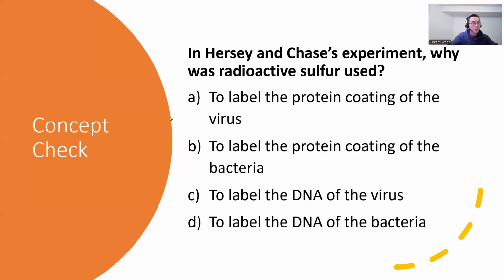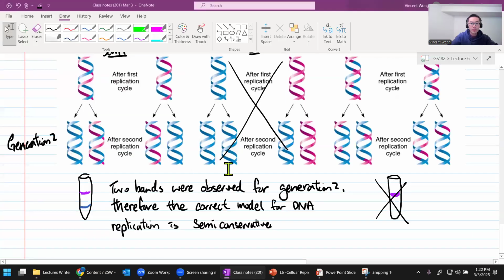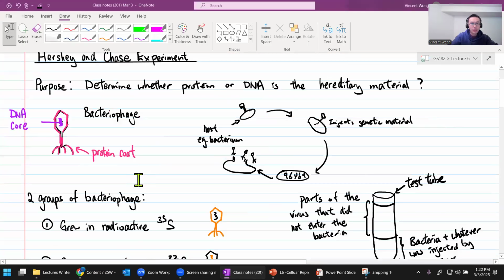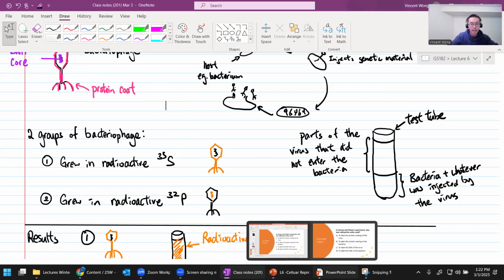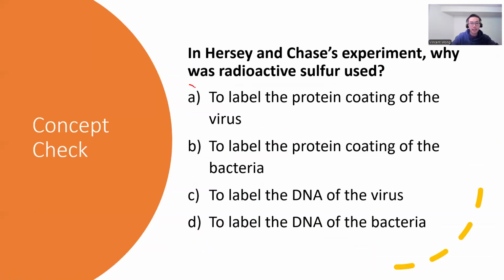Okay, why was radioactive sulfur used? Let's go back to here and take a look. Okay, this is radioactive sulfur, and that allows you to label the coat, and the coat is made up of protein. So the correct answer here is A, to label the protein coating of the virus. To label the DNA portion of the virus, they would be using radioactive phosphorus. In the experiment, they did not label the bacteria at all.